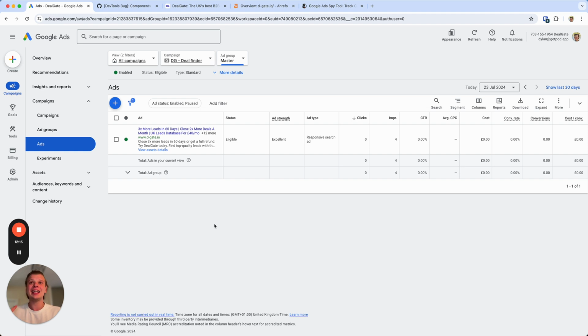Google Ads is very expensive. Particularly in B2B, particularly in the last few years, it is incredibly expensive. I'm expecting to pay £7, £8, £9 per click on my ads.